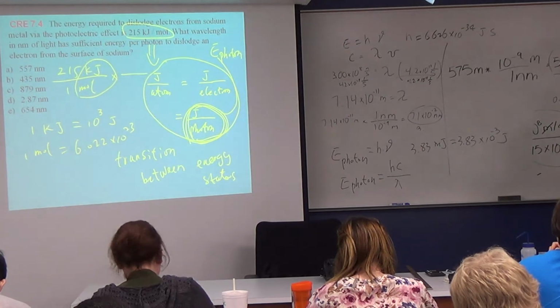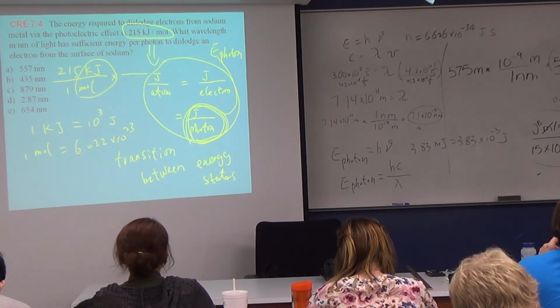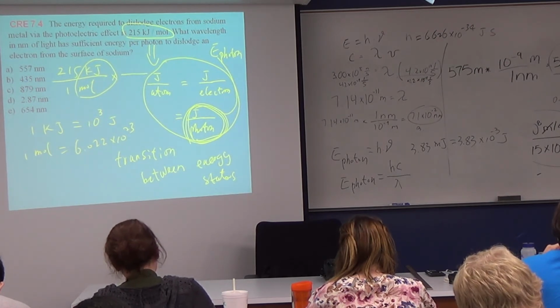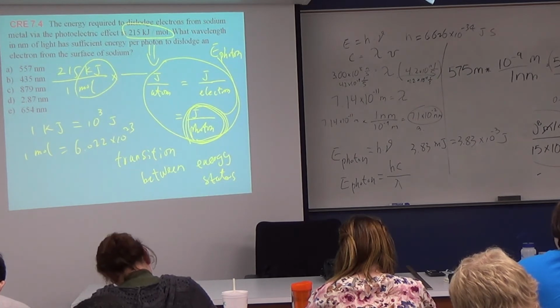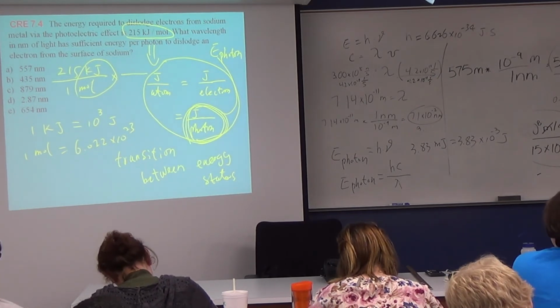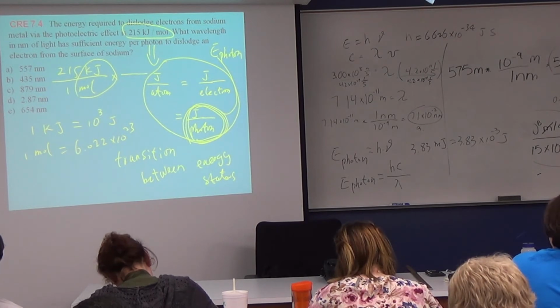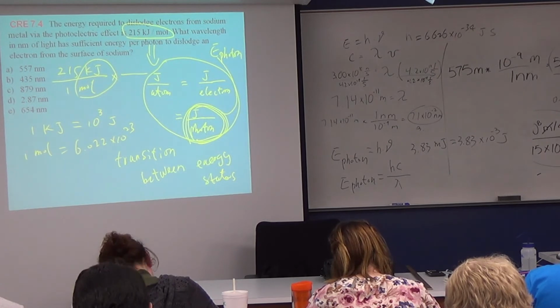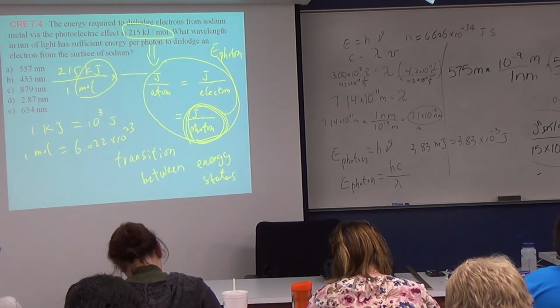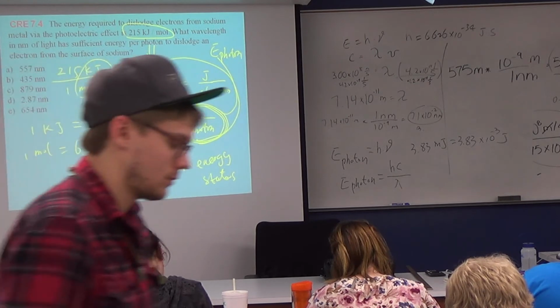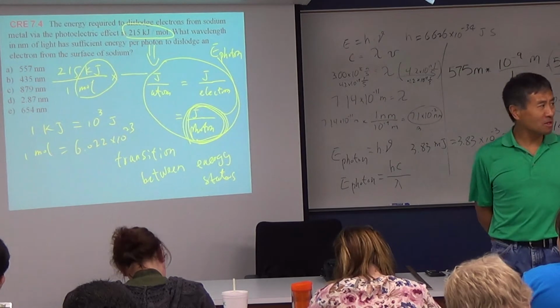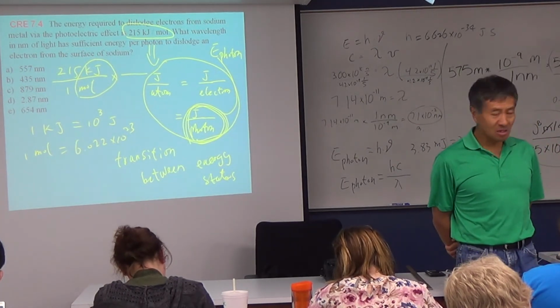Now let me see how you convert and what number you get. Convert 215 kilojoules per mole into how much joule per photon. What do you get? How much joule per photon? I'm telling you, those numbers make sense, 10 to the negative 19.